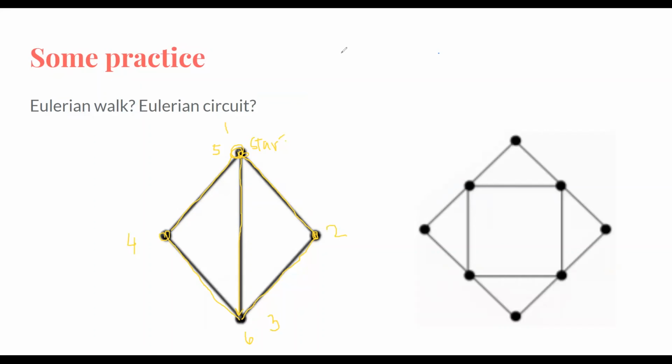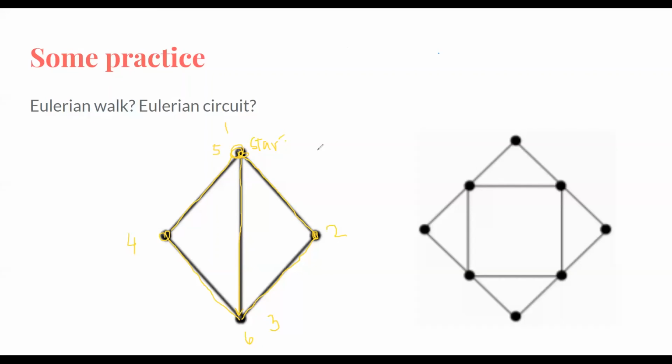Does an Eulerian circuit exist for this graph? It does not exist. And why is that? Because we are going to have odd degree. If we look at this top point or this bottom point, they both have degree 3. So an Eulerian circuit does not exist.